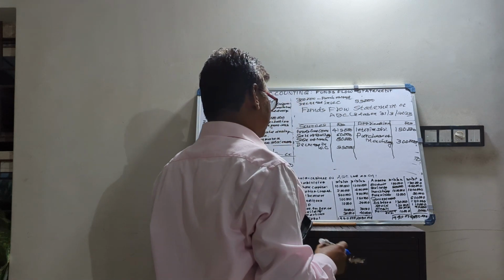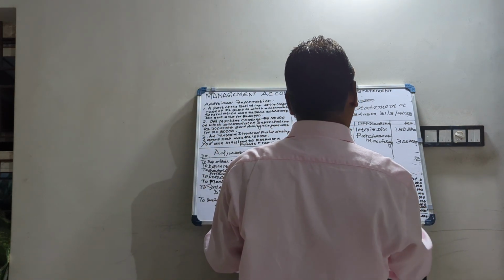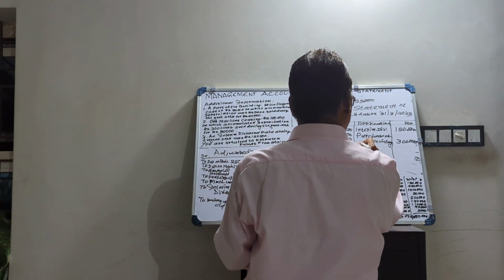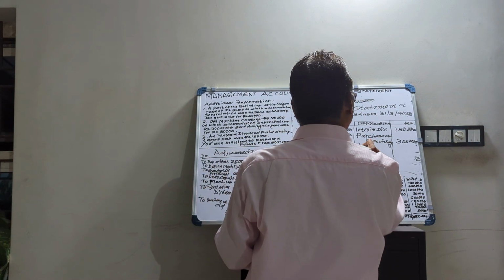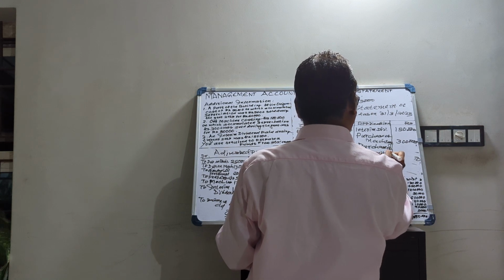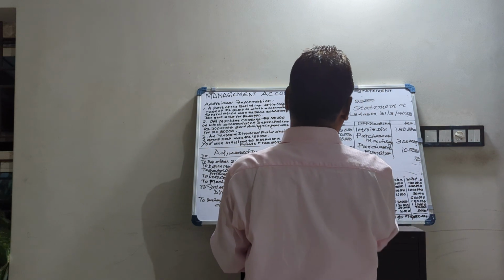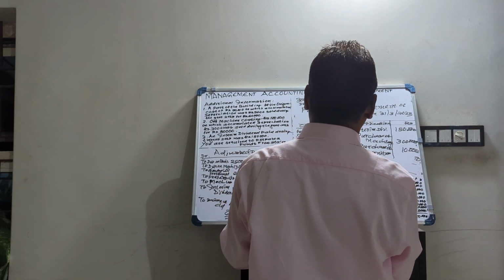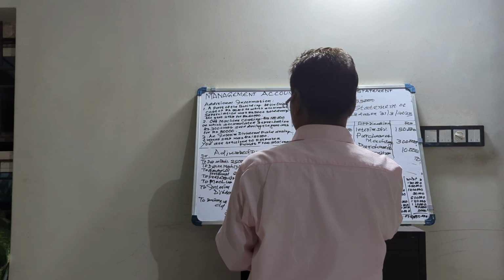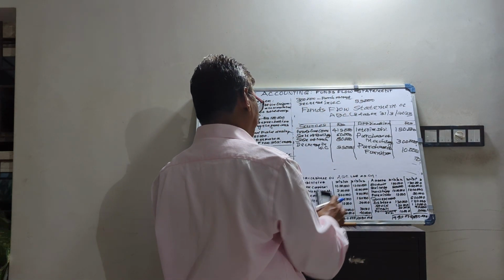Then is anything left? Building, machinery, furniture. Purchase of furniture 10,000. Anything else left? Yes. Share capital 2 lakh.